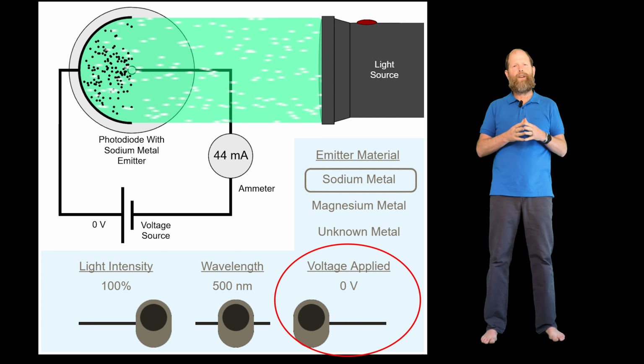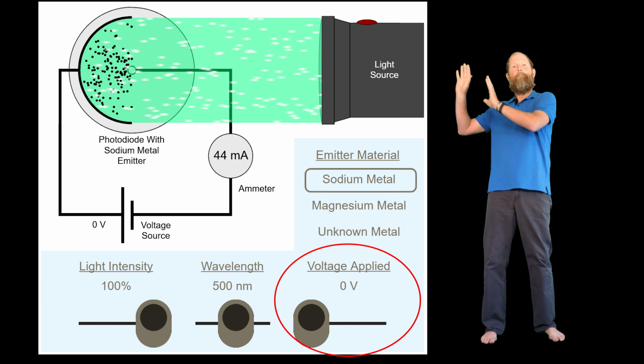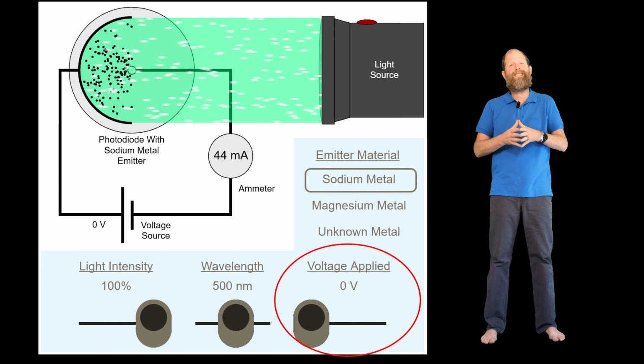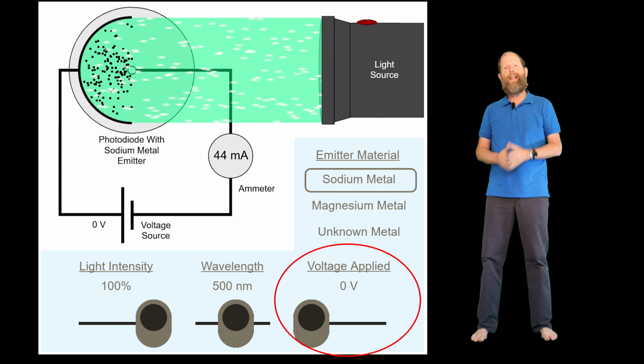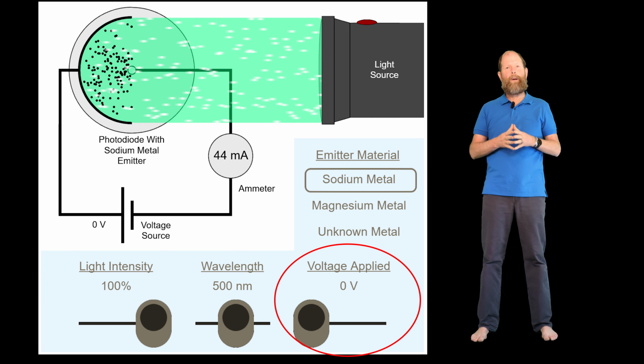By using voltage to push the electrons, negative charges, back onto the metal, we can see how much voltage is necessary to keep the electrons from reaching the wire attached to the ammeter. The harder we have to push with a greater voltage, the greater the maximum kinetic energy of the electrons.